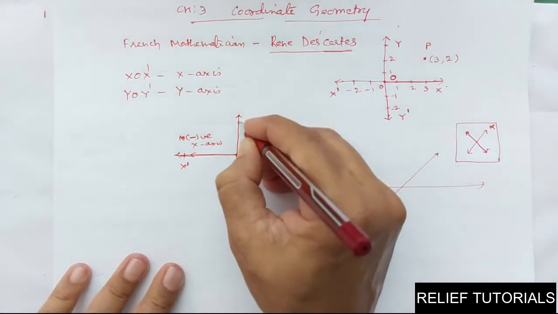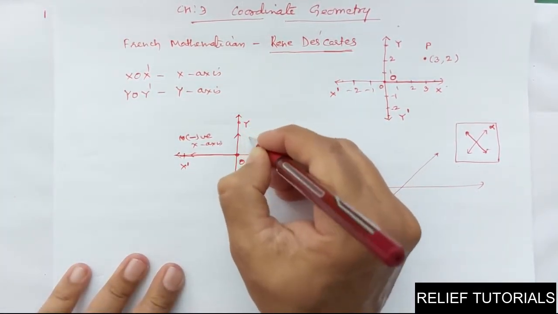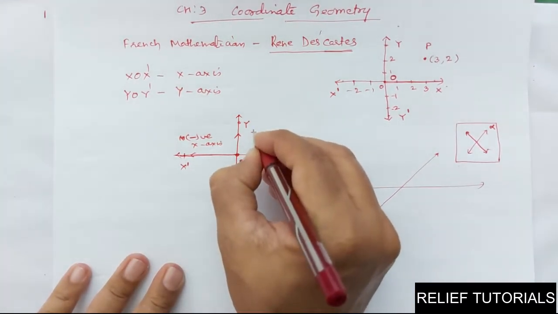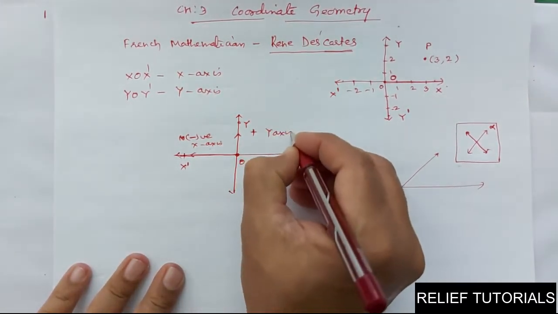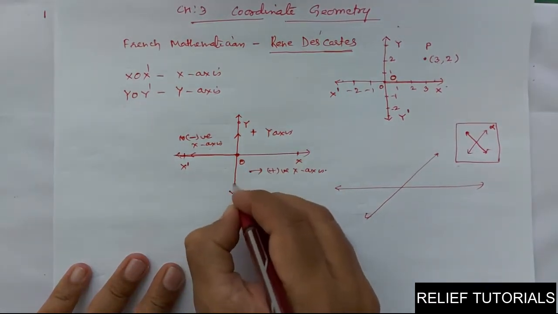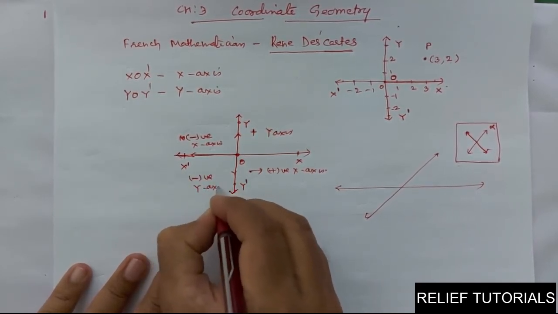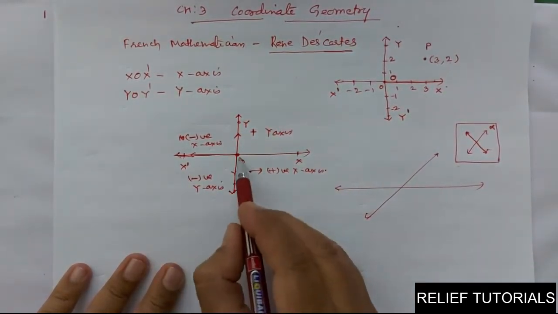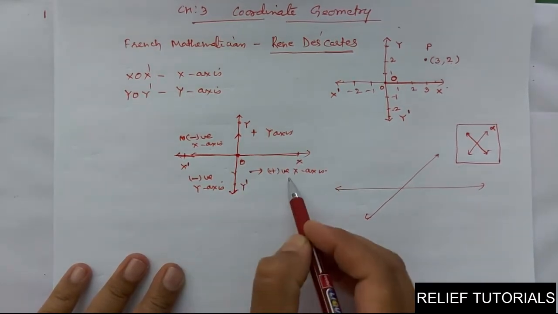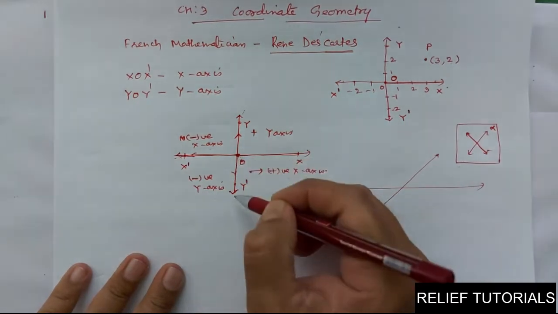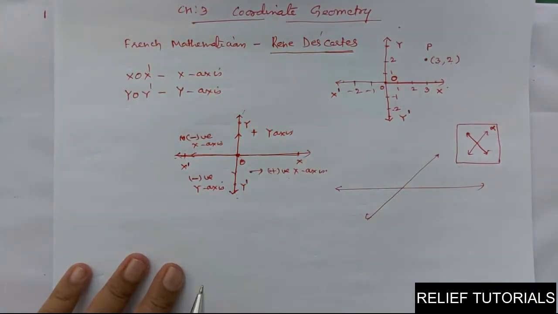And this OY is called the positive y-axis, and this OY dash is called the negative y-axis. Have you got it, friends? OX positive, OY positive, but OX dash negative, OY dash negative. Clear?